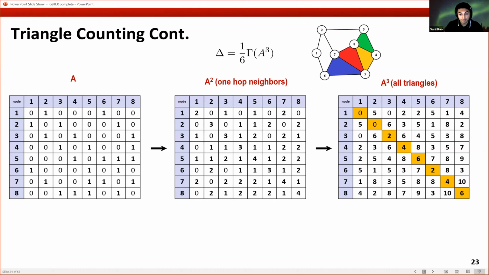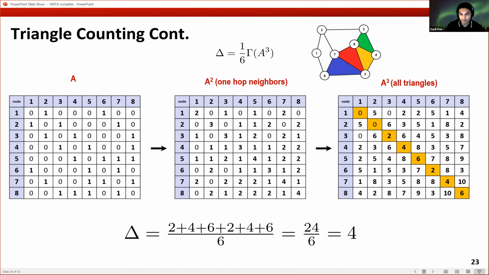However, because we have this 3-edge system and it's an undirected graph, we'll have 6 different permutations. So we have overcounted the actual number of triangles by 6 if we were to sum up all the elements along the diagonal. What we need to do is simply divide the sum of the elements along the diagonal by 6 in order to get the actual number of triangles, which, as we saw, is 4.